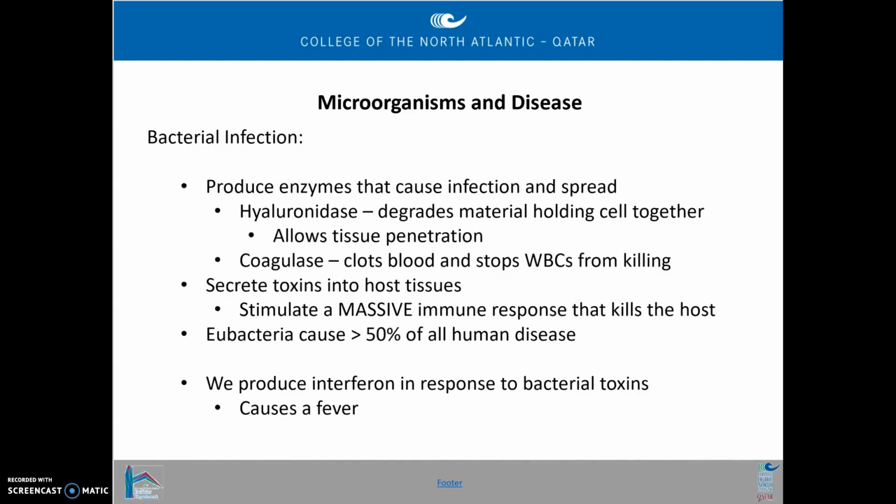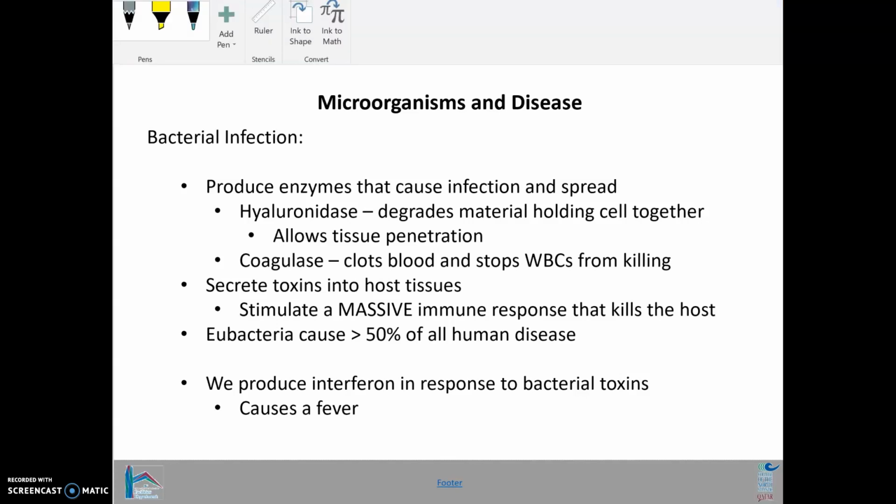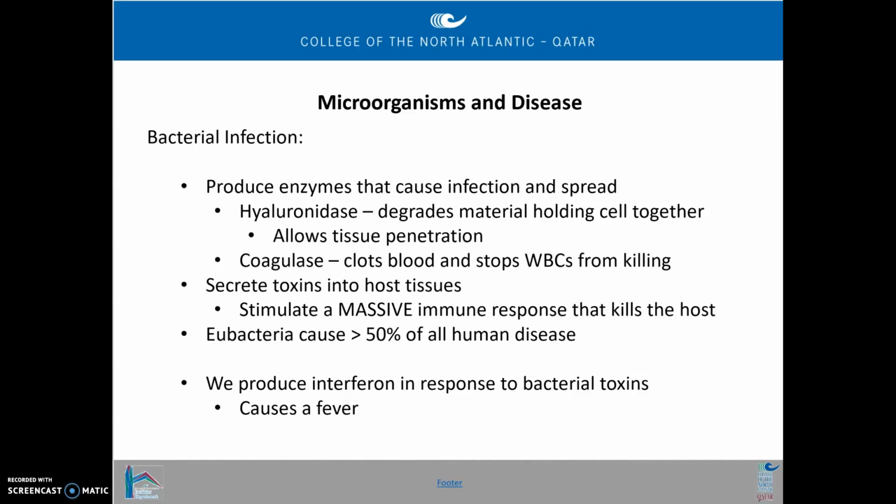Now, there's another few things that bacteria have that will help them cause an infection. A couple of these are enzymes. So again, if you look at this word and you see ase at the end, that generally tells you that you're looking at an enzyme. Hyaluronidase, this is an enzyme that helps the bacteria break down the materials between cells.